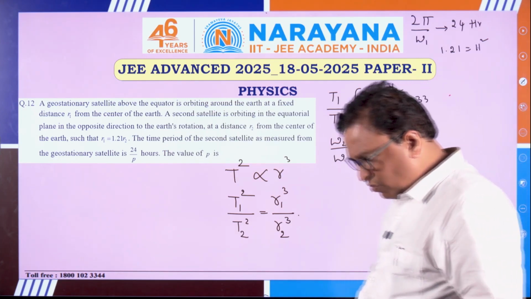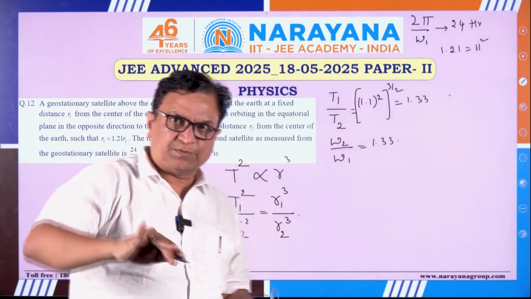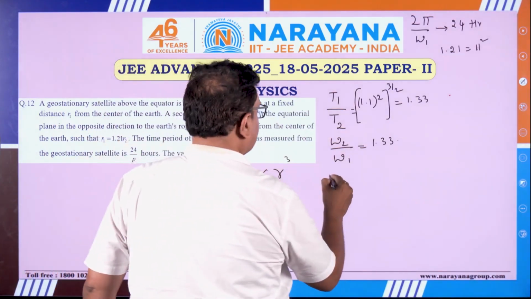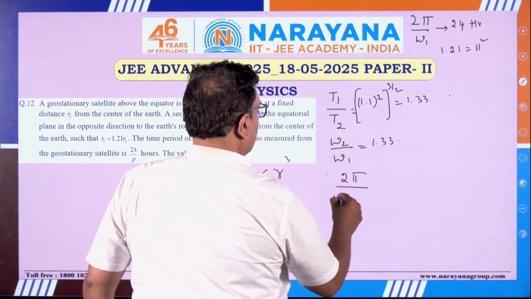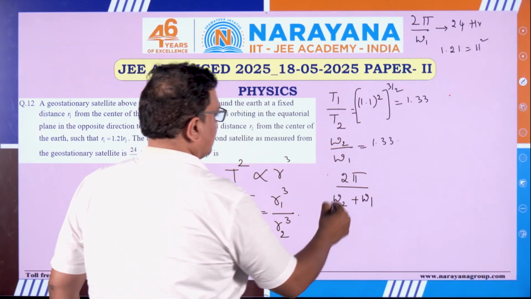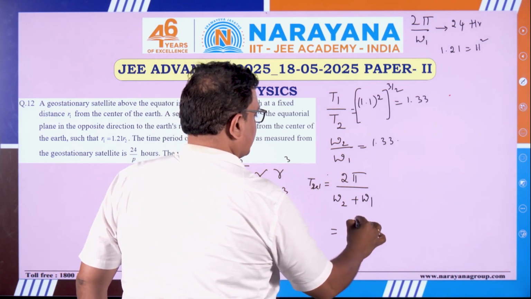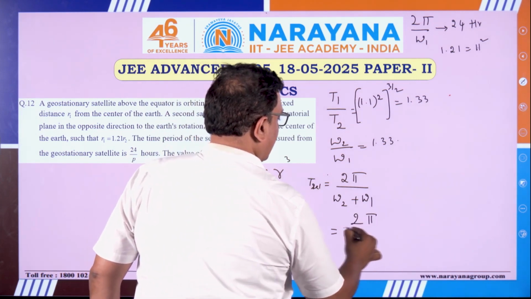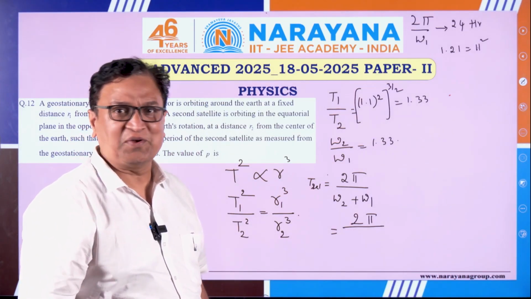Hold on. What do you want? Time period of 2 with respect to 1. What you want is 2 pi by omega relative. Since they are moving in opposite directions, you will write it like this. T relative is 2 pi by, you got a relation, no? Omega 2 is 1.33 omega 1.